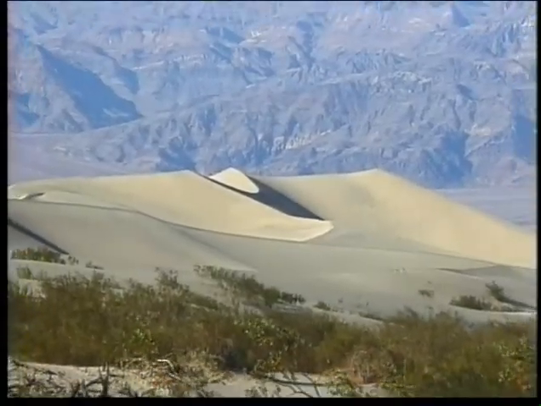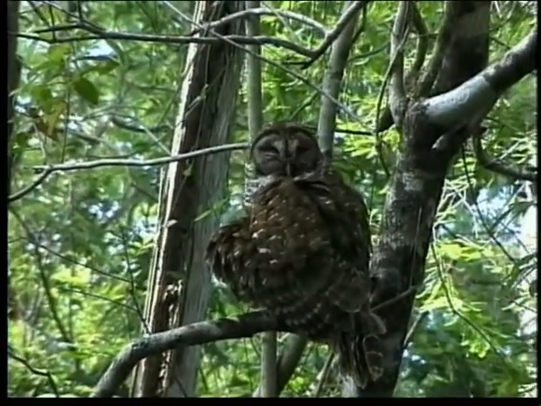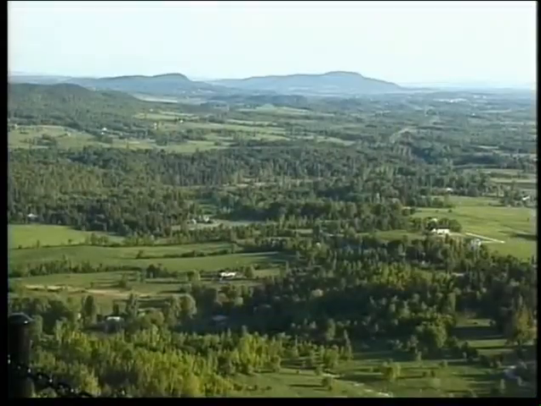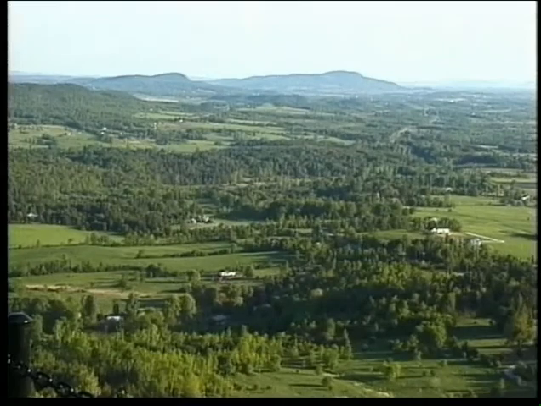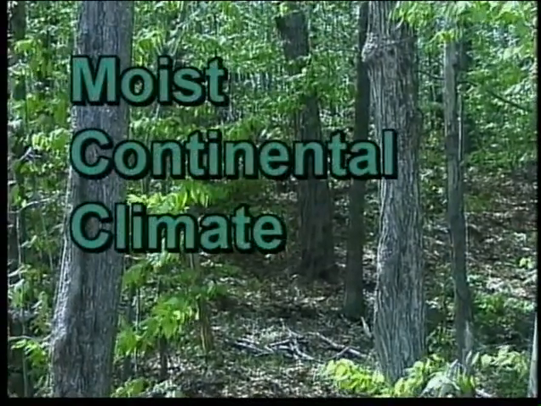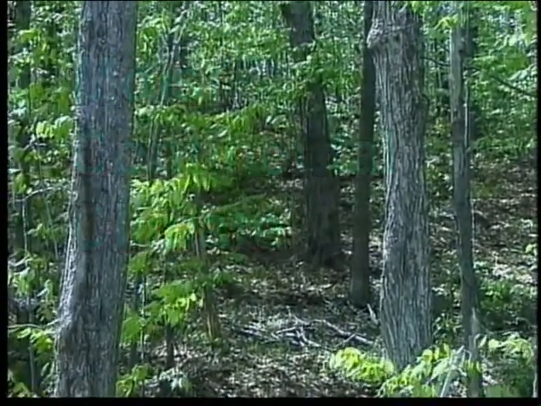There are many climate zones in North America, each of which has a unique blend of plants and animals. One of the largest climate zones starts in the northern middle part of the continent and extends to the Atlantic coast. This climate is referred to as a moist continental climate.